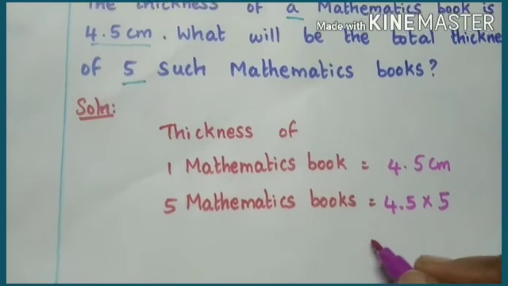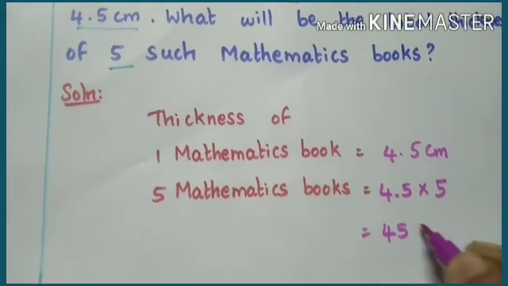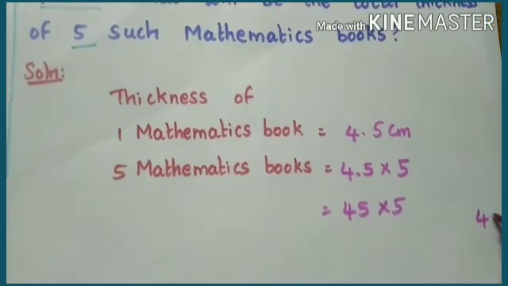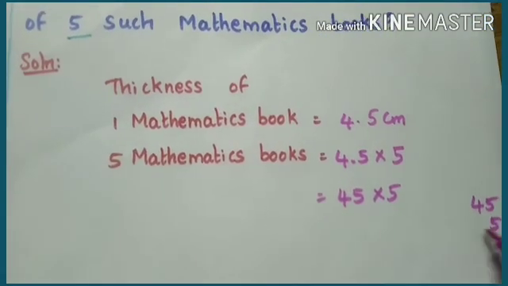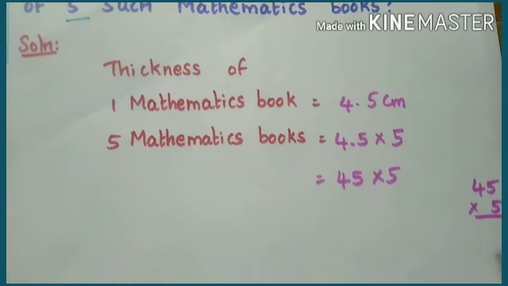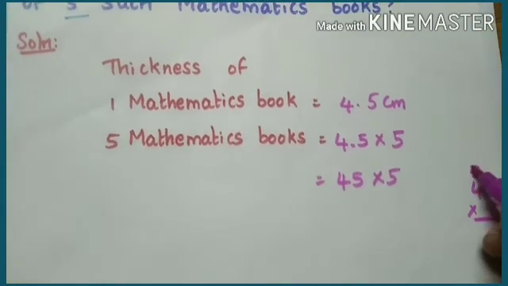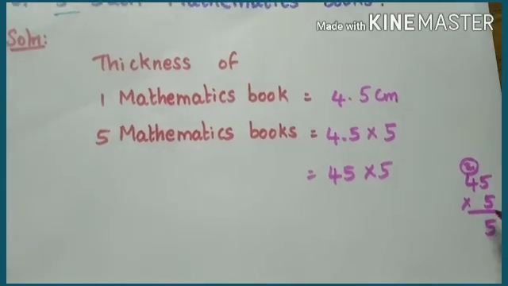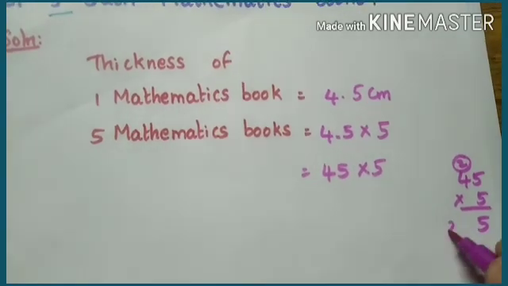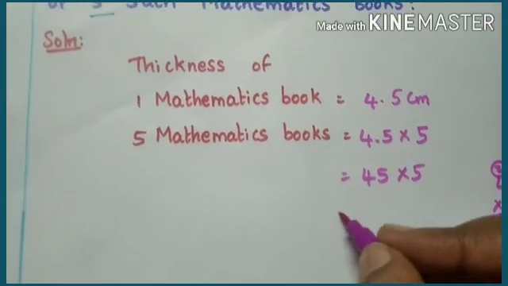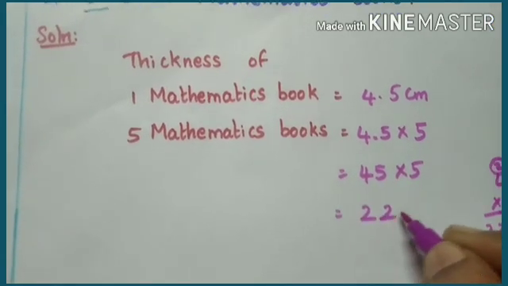First, remove the decimal point, write as a whole number, that is 45 into 5. Now multiply 45 by 5. 5 5s are 25, write 5, carry 2 over to the next place. Then 5 4s are 20 plus 2, we get 22. Now we get 225.